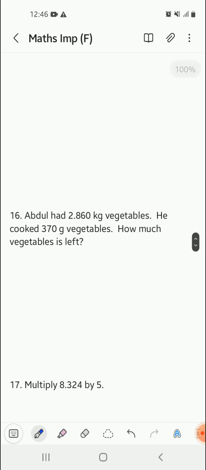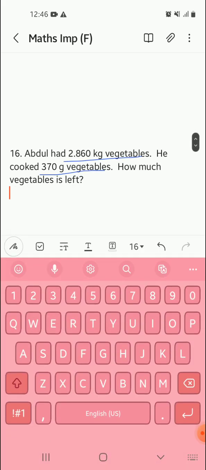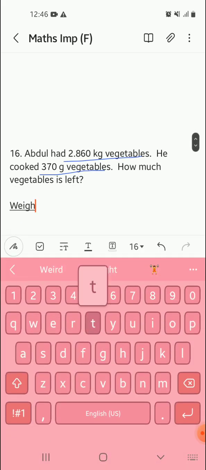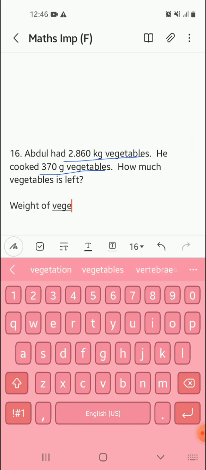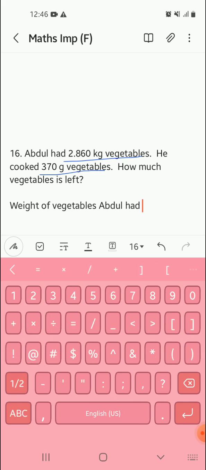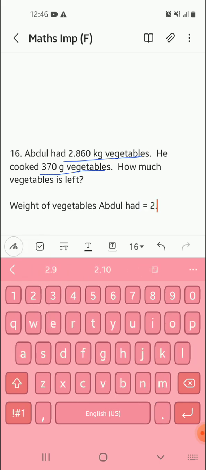Abdul had 2.860 kg vegetables. He cooked 370 gram vegetables. So how much vegetable is left? Very simple. We have to subtract. So first we will write weight of vegetables bought. Abdul had is equal to 2.860 kg.